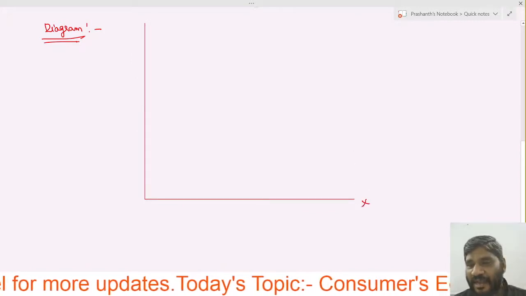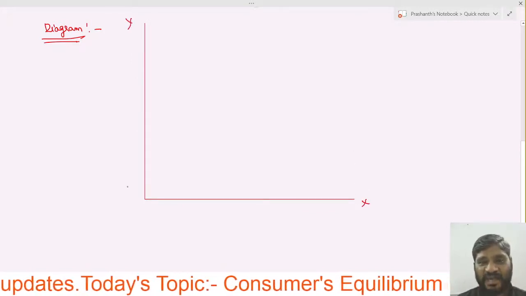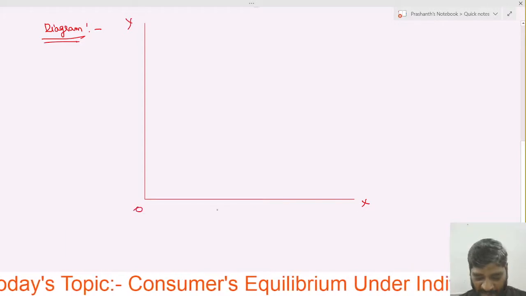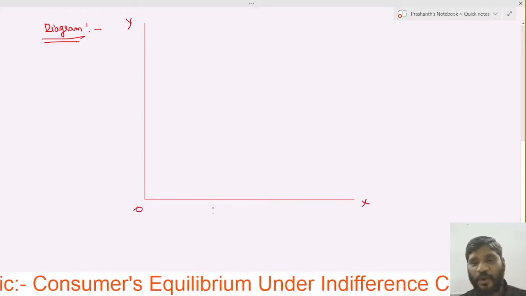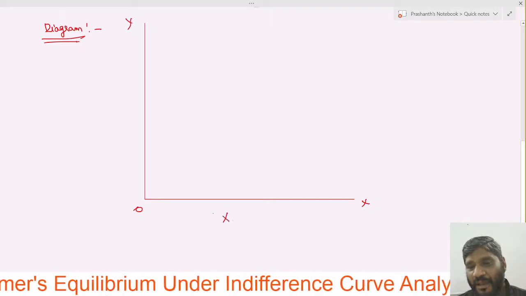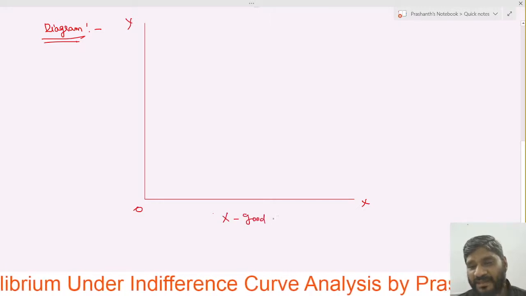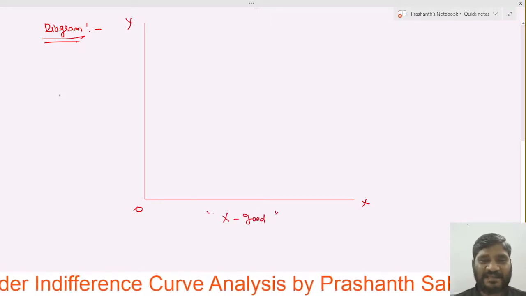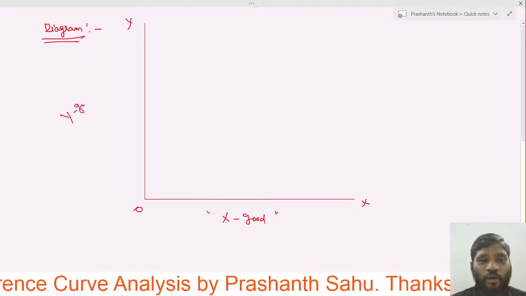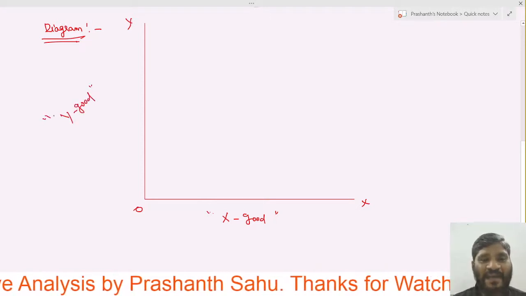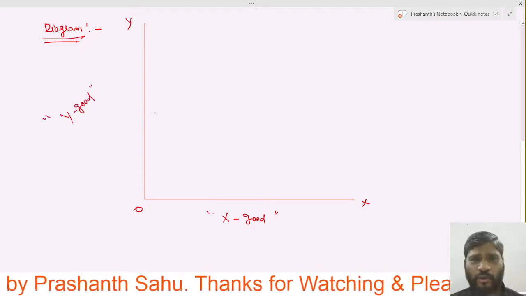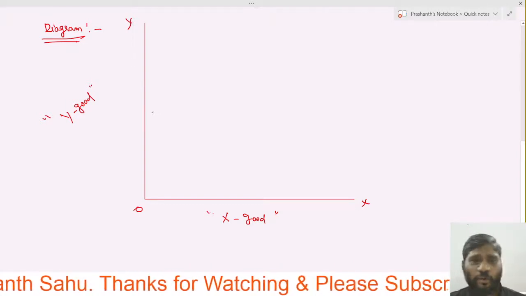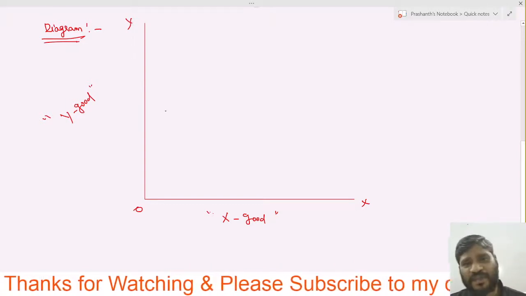This is the x-axis and this is the y-axis and 0, and most probably you know that x good is on the x-axis, y good on the y-axis. Two goods we have taken, x good as well as the y good.